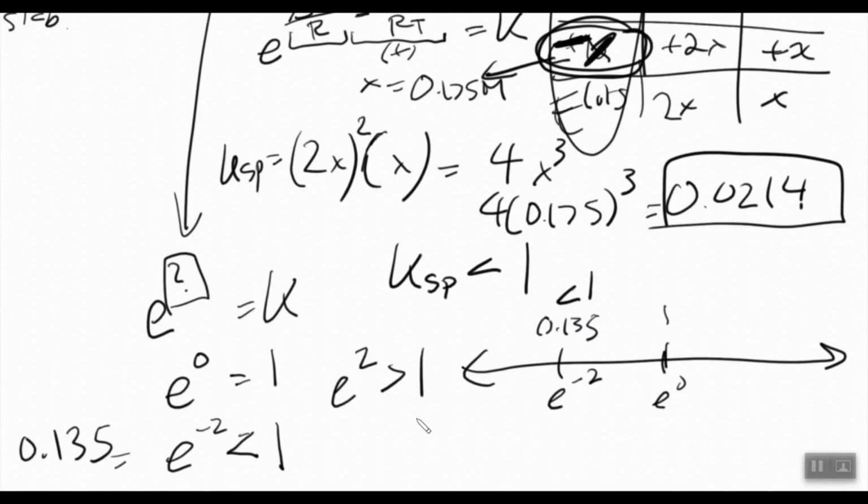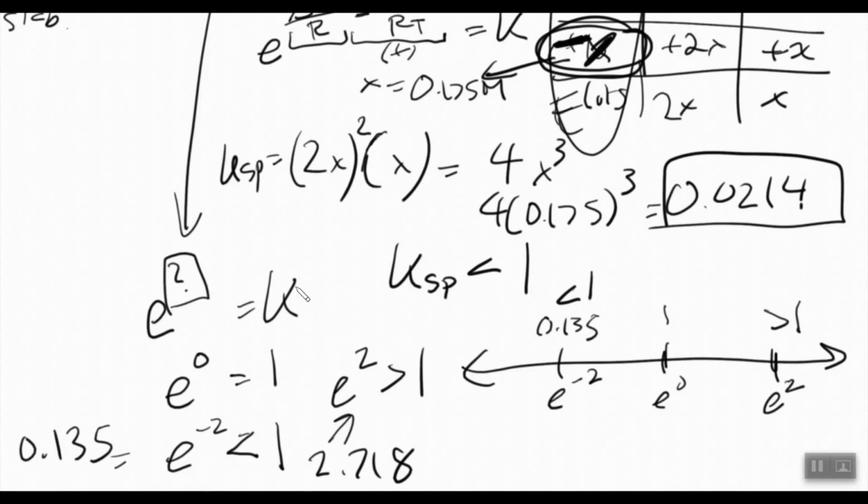Now, what about e squared? Well, this is greater than 1 because e, on my calculator, is 2.718, so it's a number bigger than 1. So e to the 2 belongs on this side of the number line, and it's going to be greater than 1. So let's think about this.